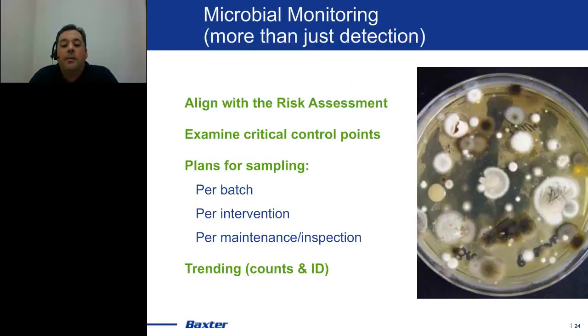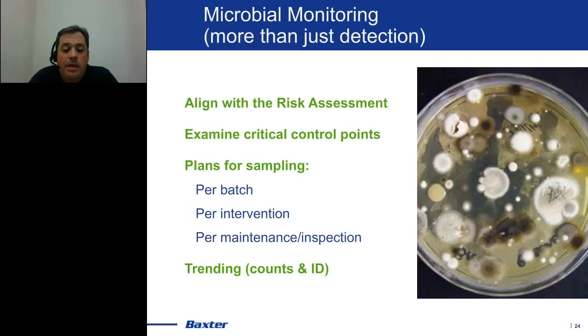All right, microbial detection for me is really more than just detection. It's really about microbial monitoring. As I mentioned, it really needs to align with the risk assessment. What are the critical control points? Where are the highest risks? And are you monitoring in those areas? What's your sampling per batch? If you have an intervention, what's your plan for sampling around that intervention or maintenance and inspection?